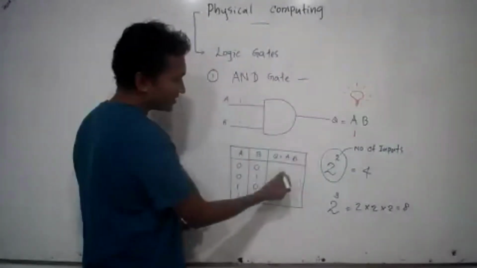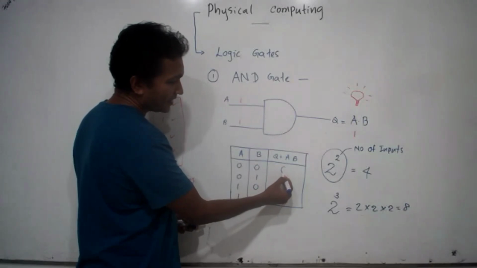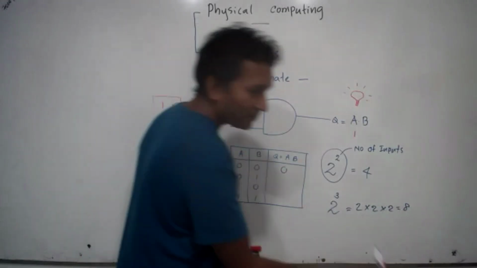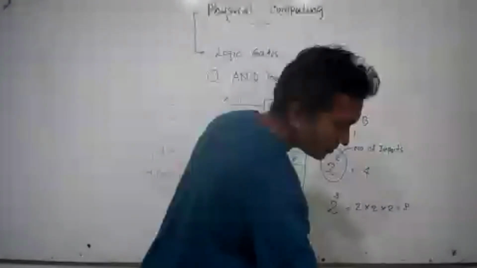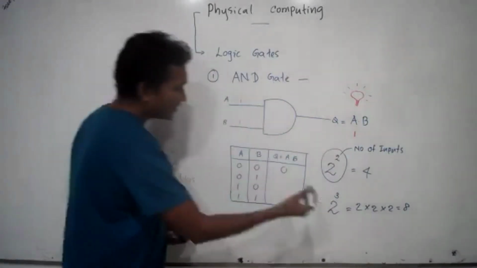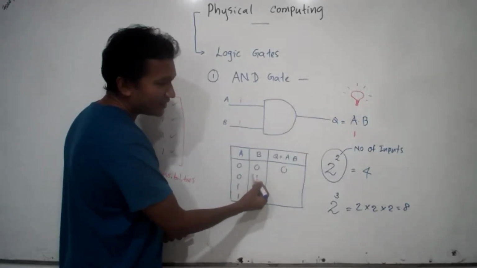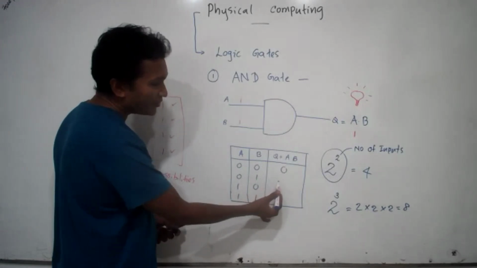So what will be the output here? It is 0. Right? When this is 0 and when this is 1, what will be the output?